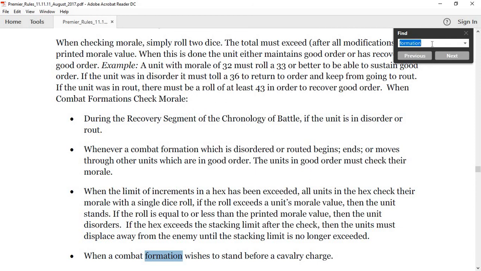So in one hex there might be one counter, but for example, if that counter is a regiment, then at the same time there are 2 or more battalion counters there, and I guess possibly go down from there, I don't know. But in that sense formation makes sense in a way that's very, very similar to unit or counter.